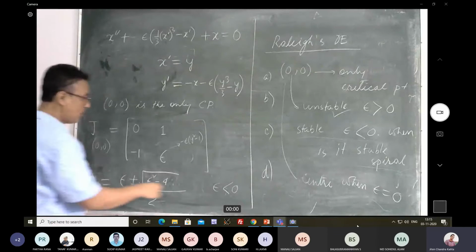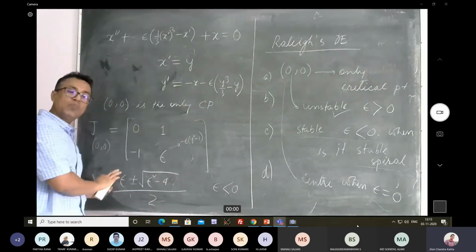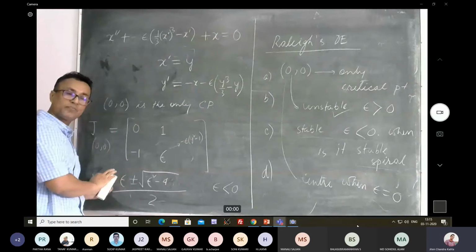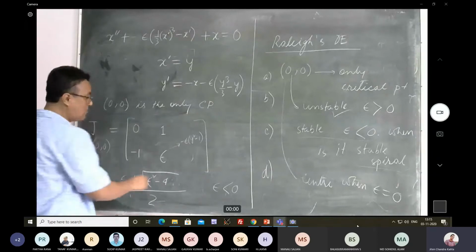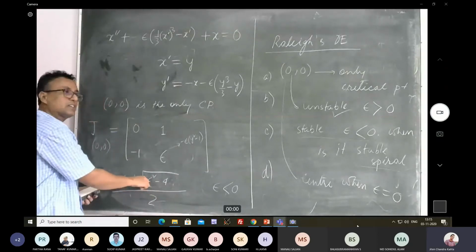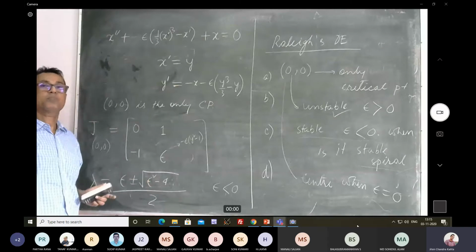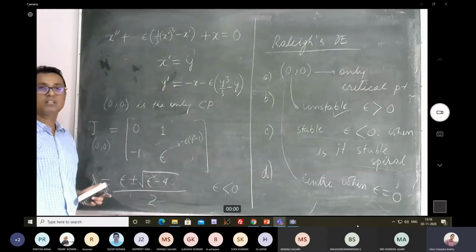Now see, in order to get a spiral, I need complex eigenvalues, isn't it? I want this to be strictly less than 0 because I don't want to get purely imaginary eigenvalues.